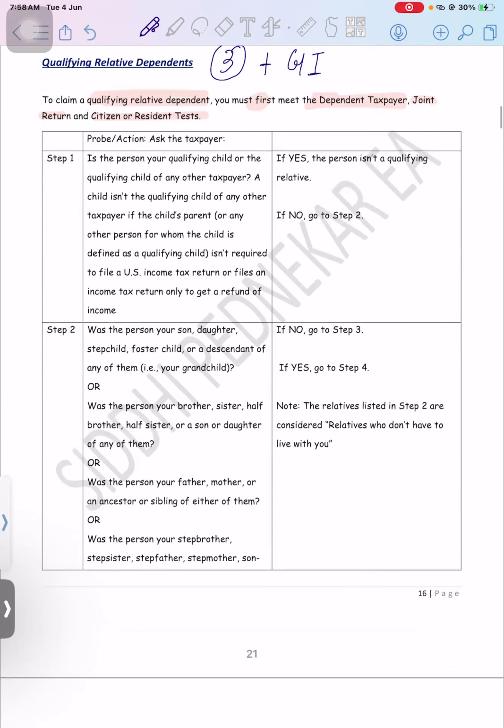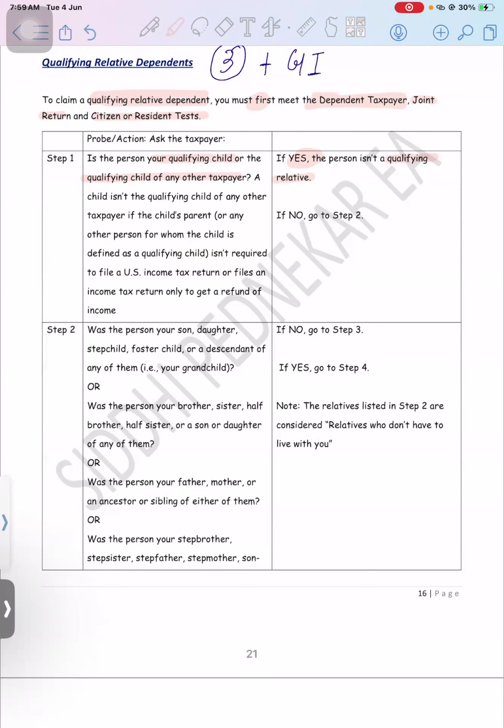Okay, so let's see. The first step you have to check is: is the person your qualifying child or the qualifying child of any other taxpayer? If yes, the person isn't a qualifying relative because he is already fulfilling the definition of qualifying child. He will not fall under the definition of qualifying relative.